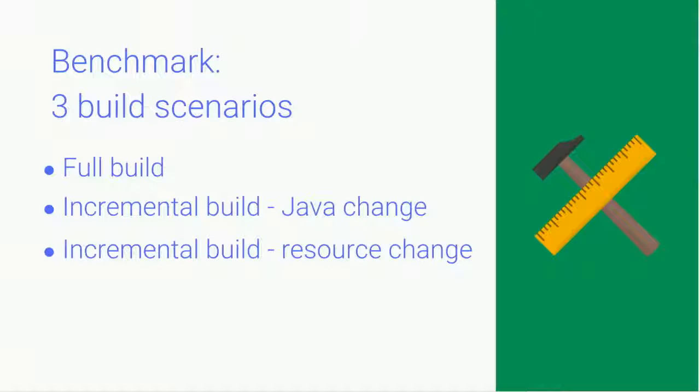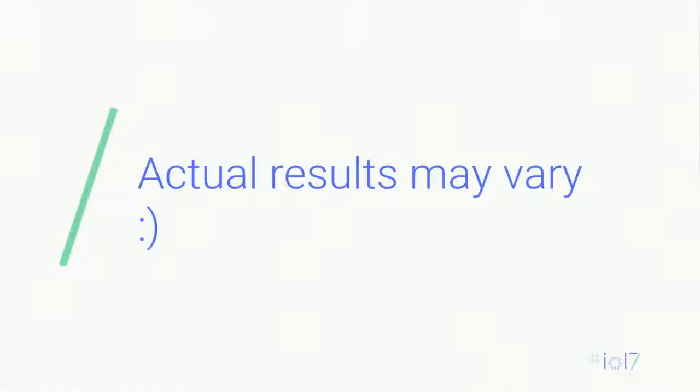And it's a simple add or remove string resource. And we can measure the build times for each of these. Now, just remember, build times are highly dependent on your project's characteristics and your build environment. So you may get more or you may get less out of these tips. That is to say, actual results may vary.